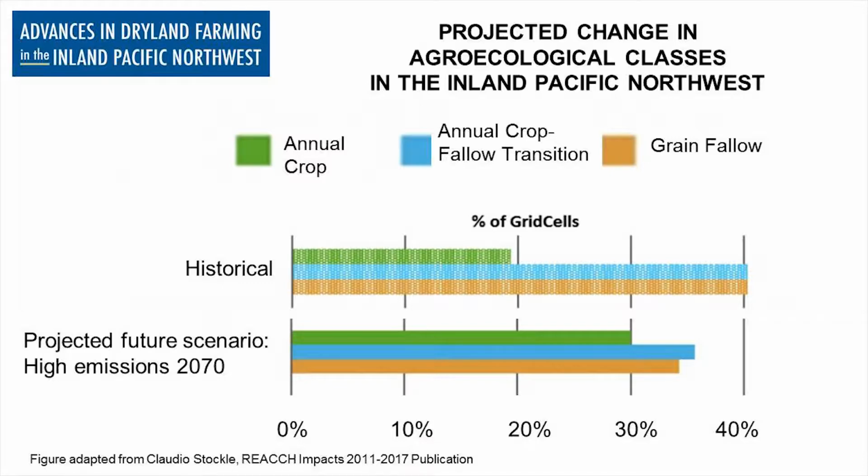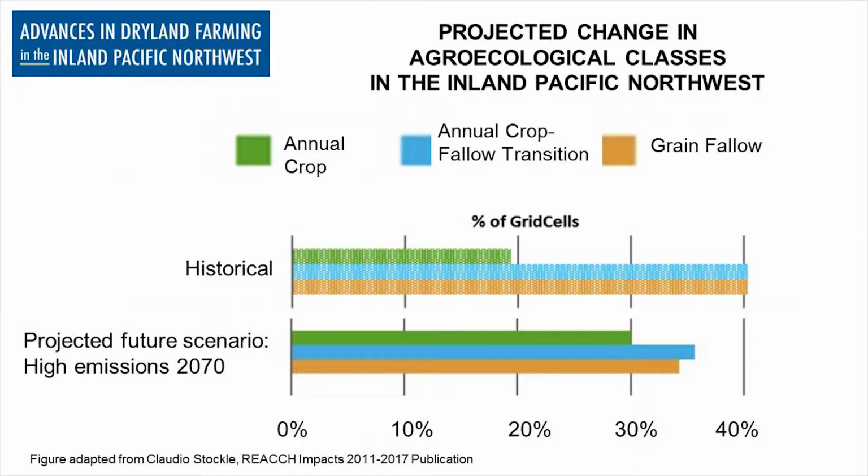So in this future scenario for the year 2070, the fraction of regional area occupied by continuous annual cropping, which is the most intense cropping system, is projected to increase, while grain fallow, the lowest intensity cropping system, would be projected to decrease. The area in the annual crop fallow transition class under this projection remains basically the same.